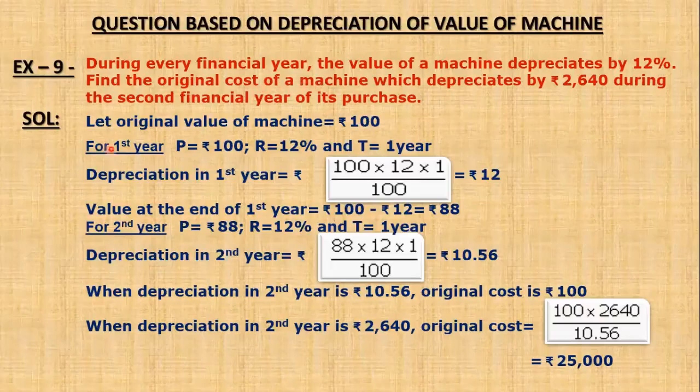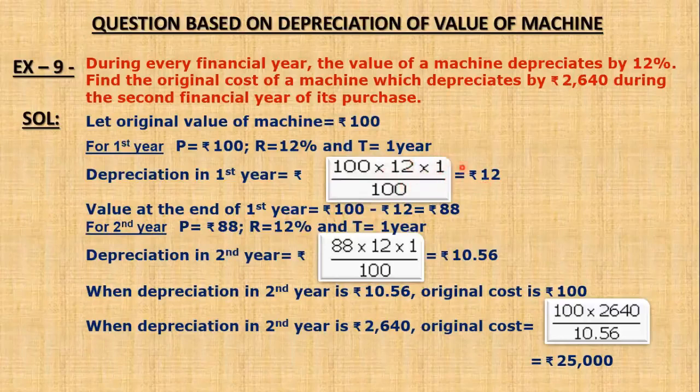So let the original cost of the machine be rupees 100. For the first year, principal, that is the original value of the machine, rupees 100. Rate of depreciation is 12% and time is 1 year. So depreciation in the first year will be rupees 100 multiplied by 12% by time 1, which will give rupees 12.